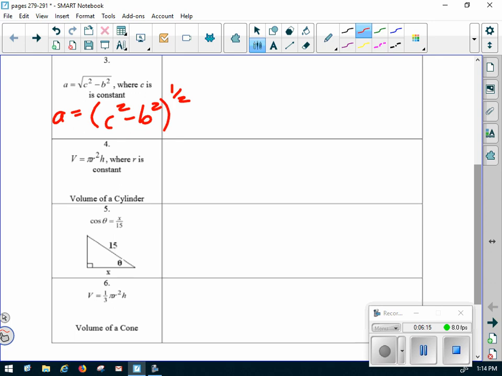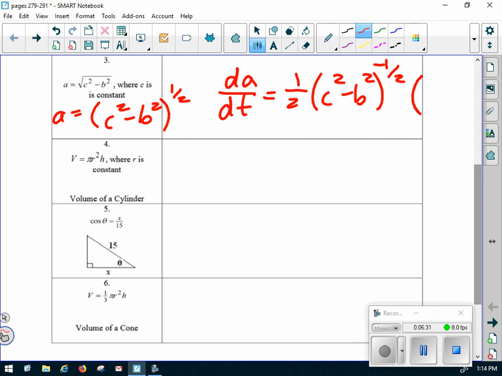So the only variables we have are A and B. So let's take the derivative. dA dt. Oh, I forgot the dB dt.